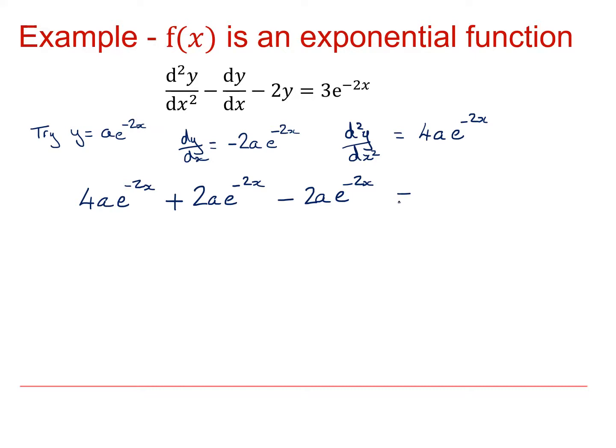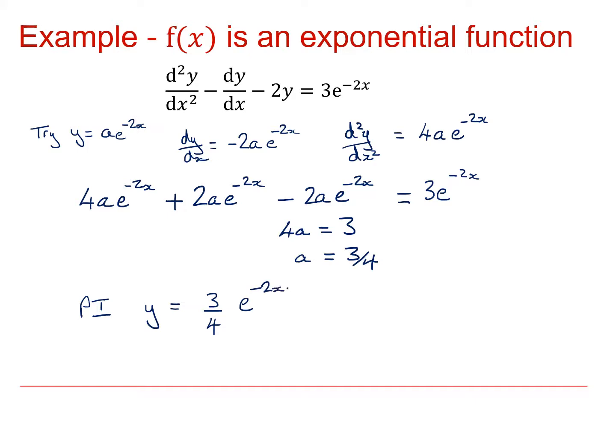And that's got to be equal to 3e to the minus 2x. Well, pulling those together, I've got 4a plus 2a minus 2a, so I've got 4a is equal to 3, and therefore a is equal to 3/4. So my particular integral is going to be y equals 3/4 of e to the minus 2x.